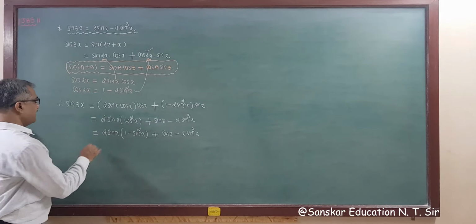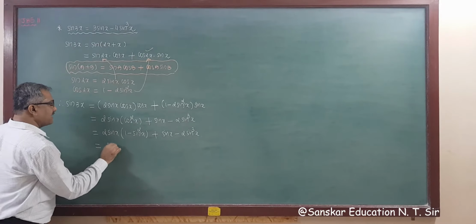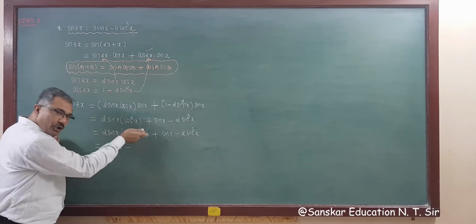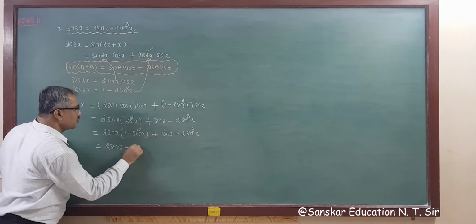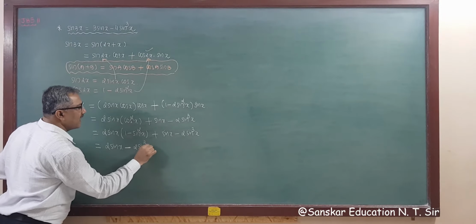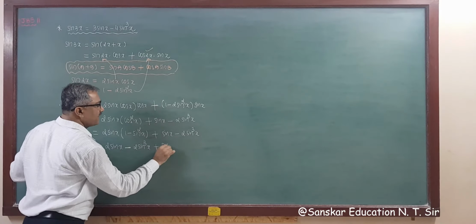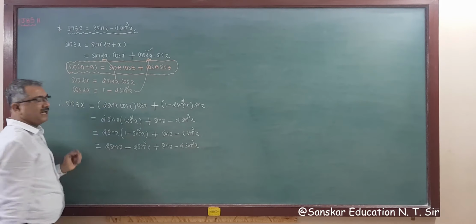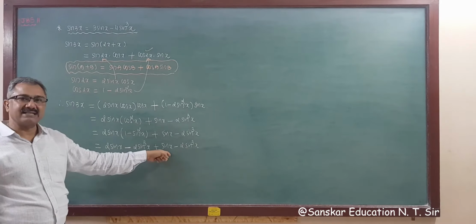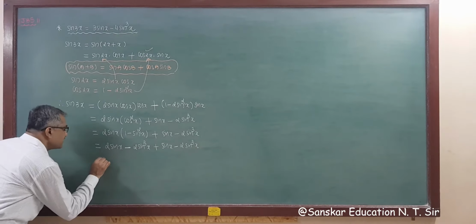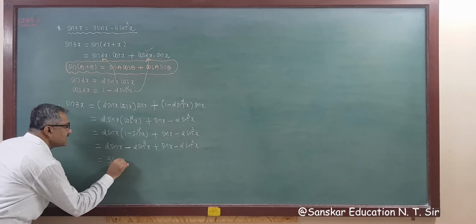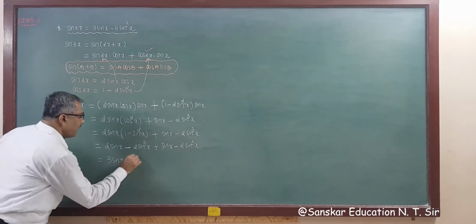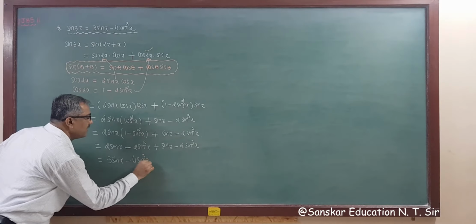Multiplying, we get 2 sine x minus 2 sine x into sine square x, that is sine cube x, so minus 2 sine cube x, plus sine x minus 2 times sine cube x. Now 2 sine x plus sine x is 3 sine x. So this is 3 sine x minus 4, 2 into 2, 4 sine cube x.